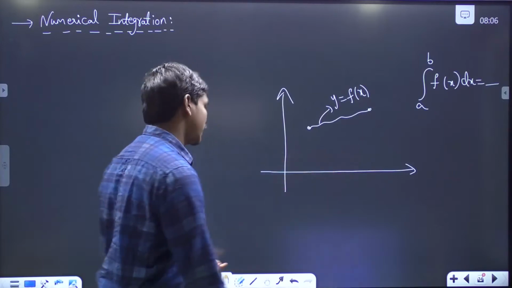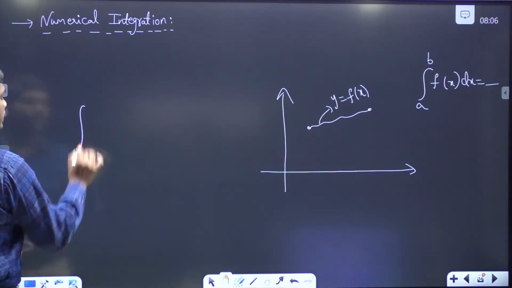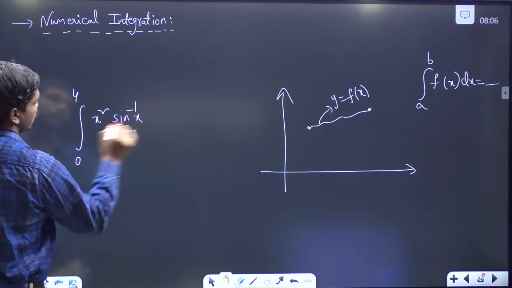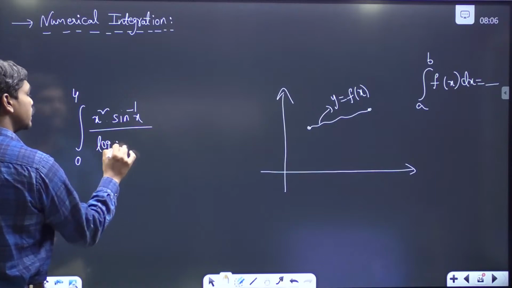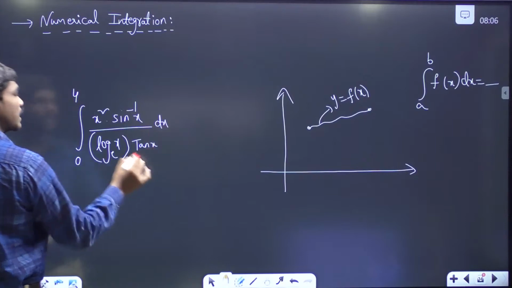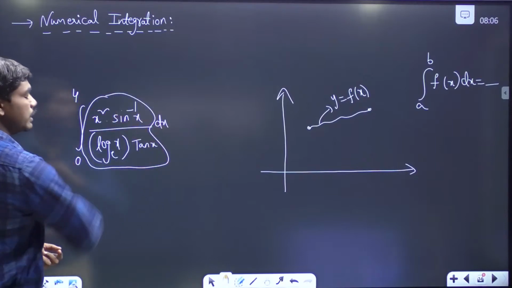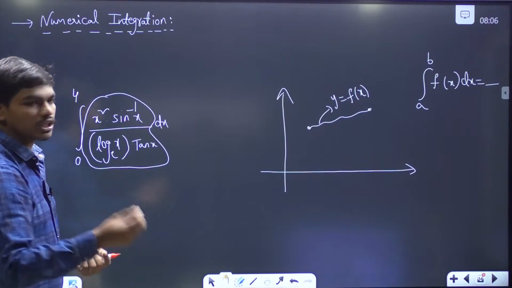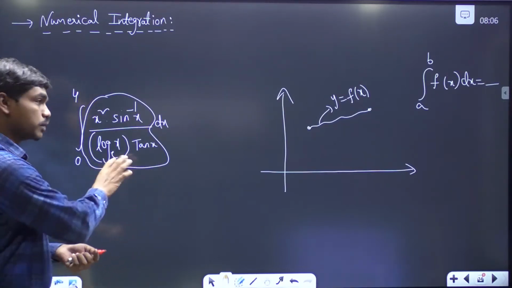In yesterday's class I told you one example. For example, if I have something like the integral from 0 to 4 of x squared into sine inverse x divided by log x to the base e into tan x, then it's practically difficult for us to evaluate this kind of integral using standard analytical methods, because we may not find proper substitutions and proper analytical ways.